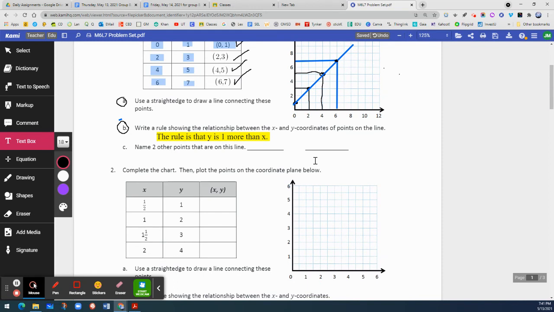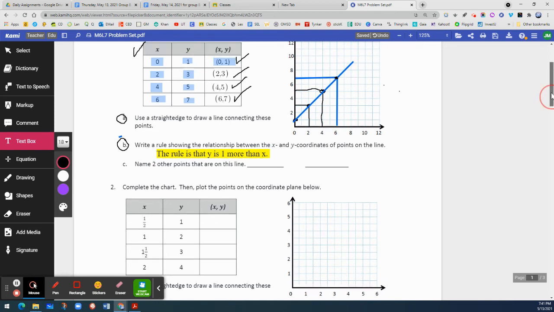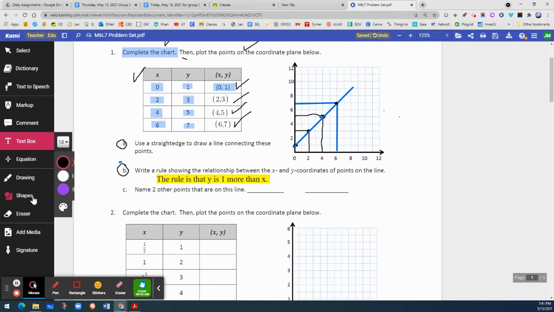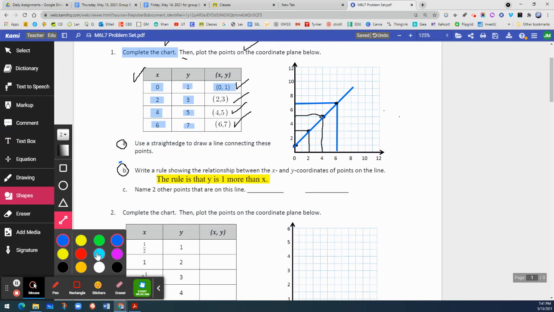Moving on. The next question is, name 2 other points that are on this line. Oh, that should be easy. So now I'm going to use a different color to demonstrate this. So we're going to name 2 other coordinates that are on this line. And we can do, for example, if you go in here, this one can be X is 3 and Y is 4.